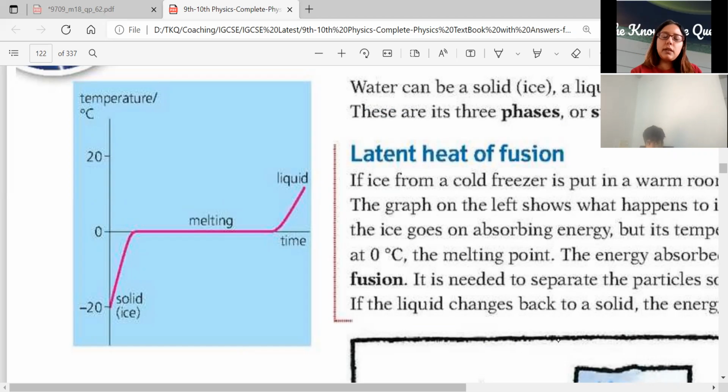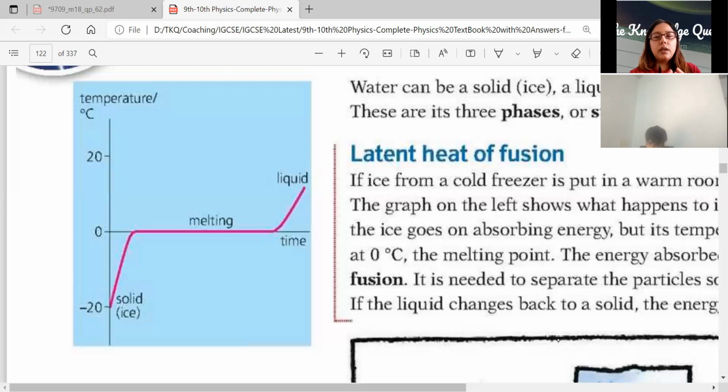The coolness of ice is reducing, but it is still ice. But once it has come to a temperature of 0 degrees, no matter how much you're heating it, it's still not increasing the temperature.